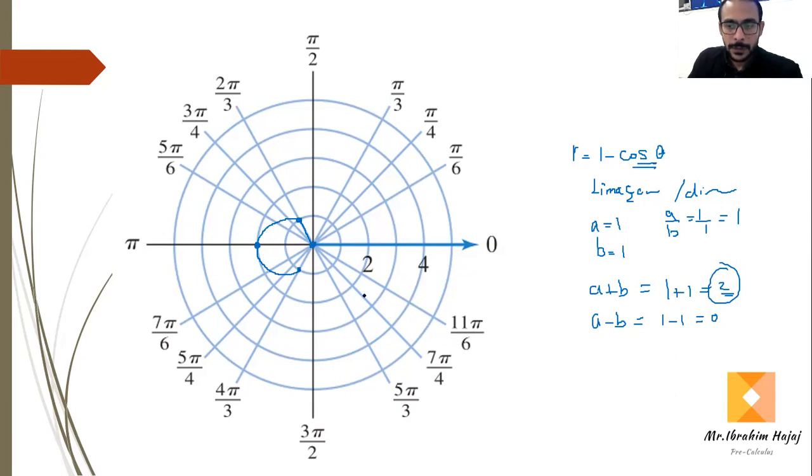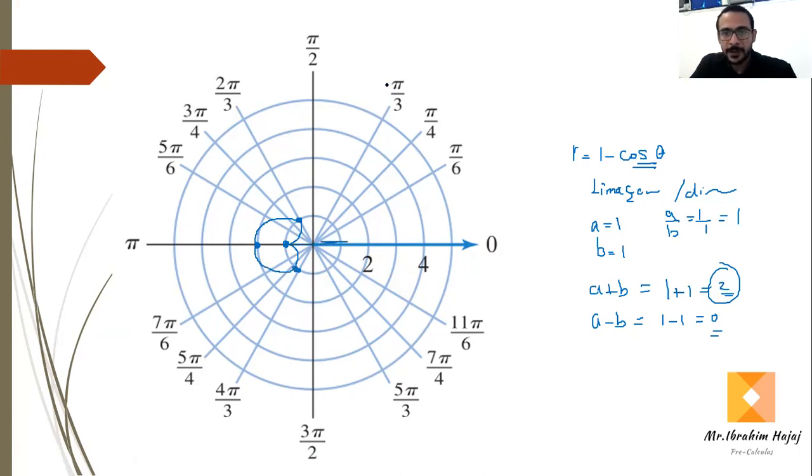A minus B is zero, so we have to move here, 1 inside. One inside, sorry. So again we put 2, and then one up and one down here, and this one here. Okay, and connect the points. It will be like this.